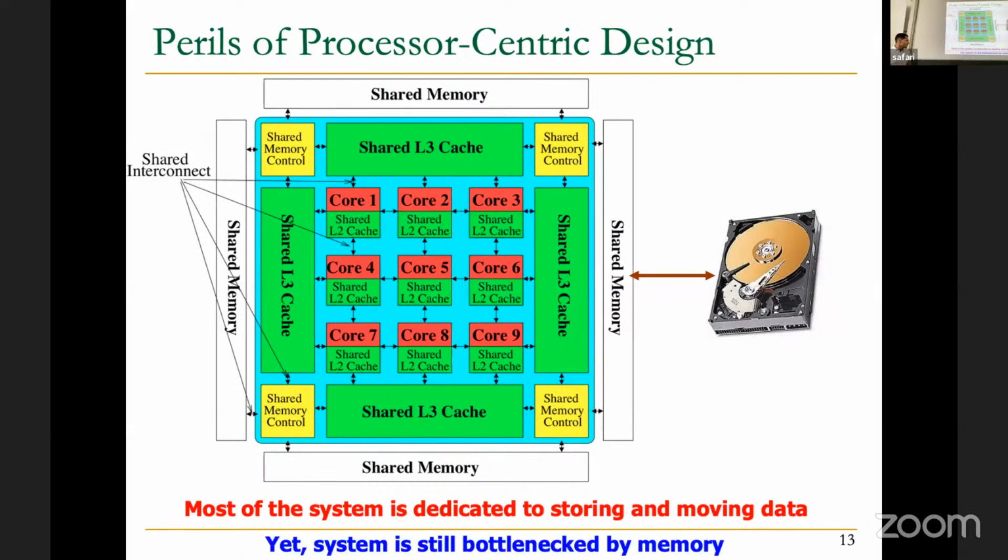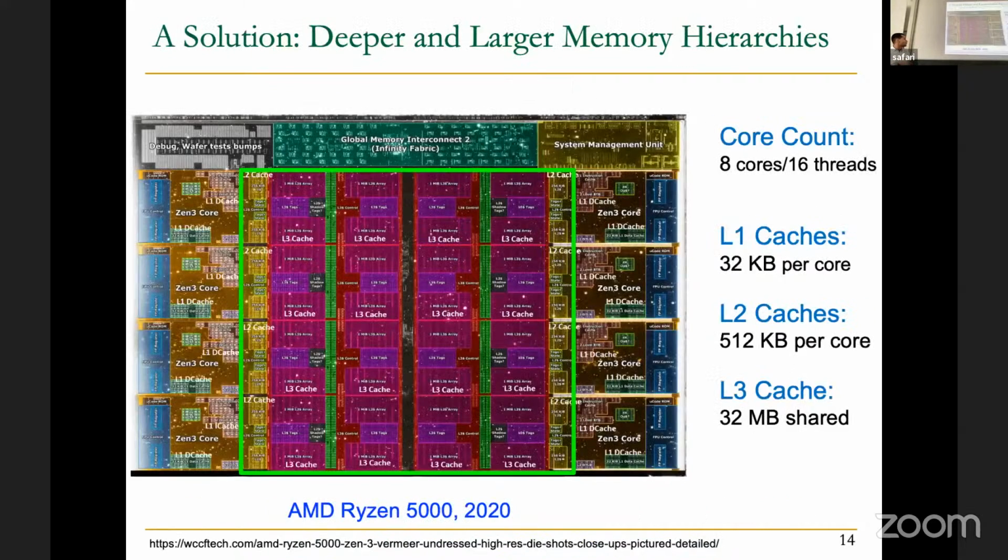And if you look at even more modern computer systems, for example, this is an AMD Ryzen processor with a lot of cores. If you look at this green area here, which is, I don't know, roughly 80% of the chip, you're going to see that most of the die is dedicated to storing data, for the L3 caches.